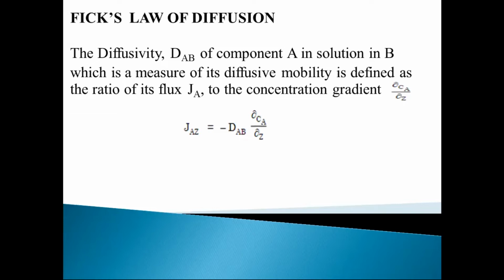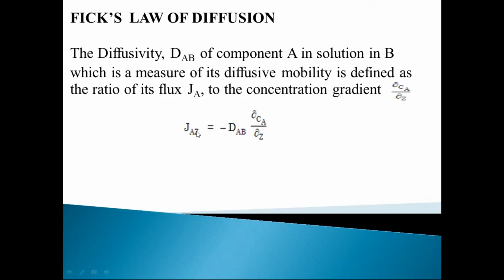It means, for your understanding, DAB is equal to the ratio of JAZ to dCA by dZ, that is, JAZ divided by dCA by dZ equals DAB. But with a negative sign, and I will tell you the significance of this negative sign.